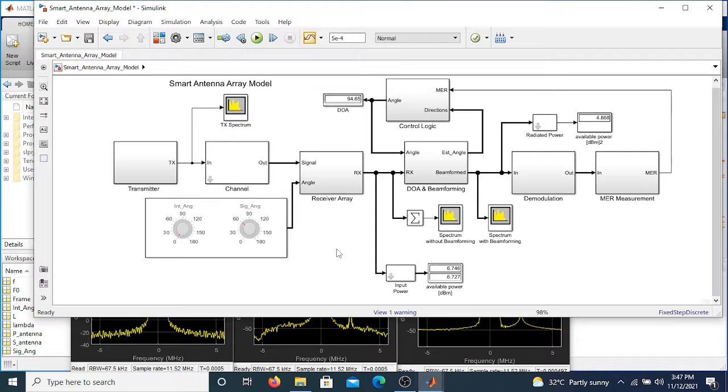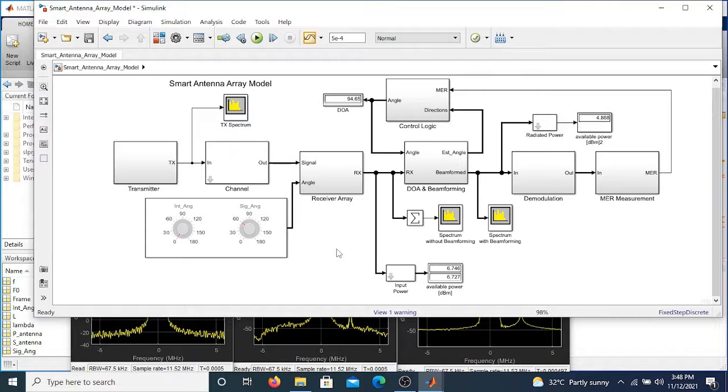After further increment of the inter-element spacing to 1.85 lambda, we notice that the radiated power has improved, which gave us an efficiency of around 72%.